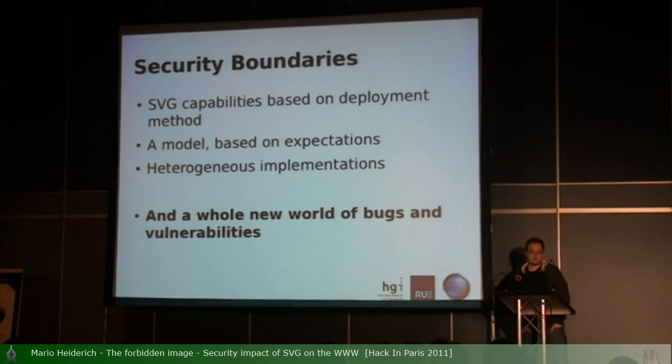And this is actually giving us the chance to find a lot of new bugs and vulnerabilities, because the implementations of the browser vendors are accordingly inhomogeneous. If there is no document saying this is how you have to do it, then every browser does it its own way. And when you test SVGs and how browsers react, you will see so many different behaviors and so many quirky ways of doing stuff. Every single browser does it differently, and it's quite interesting.